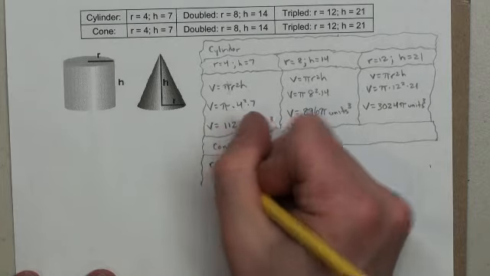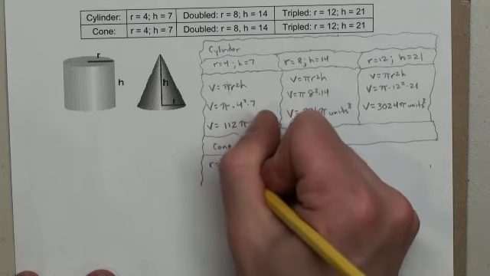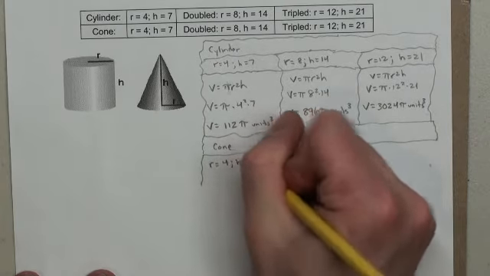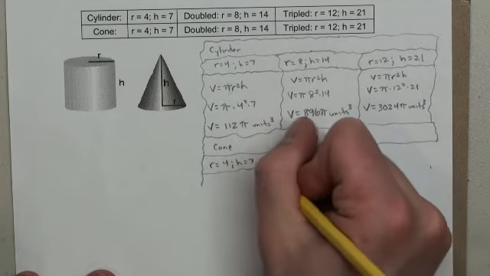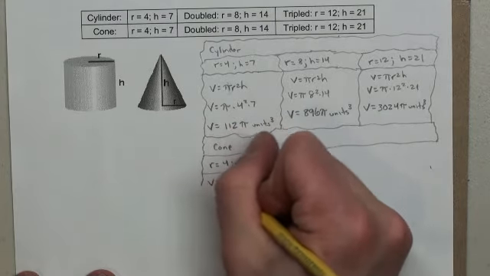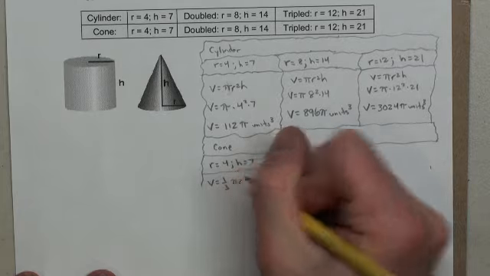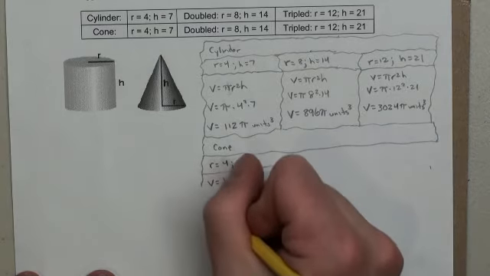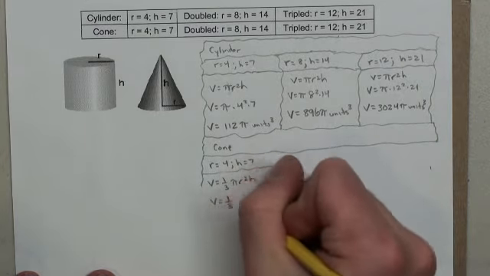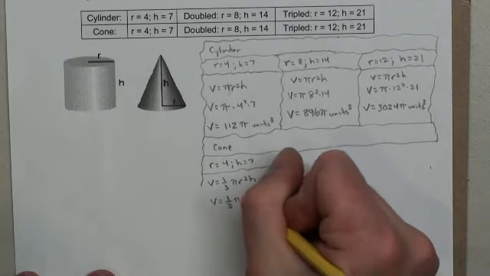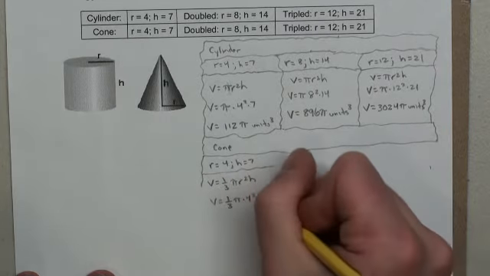So first we'll do when R is 4 and H is 7. Volume equals 1/3 pi R squared H. Volume equals 1/3 pi times 4 squared times 7.